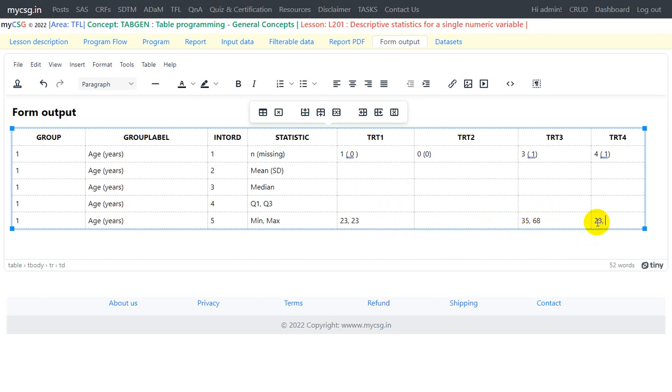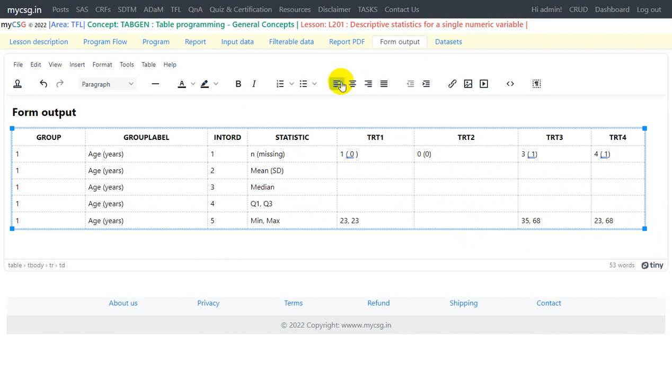And what is the maximum value across the 3 treatment dose levels? It is 68. So the maximum value in the total column would be 68. Similarly, we can populate these derived or calculated statistics using the standard mathematical or statistical formulas.